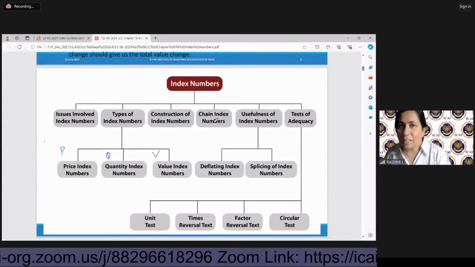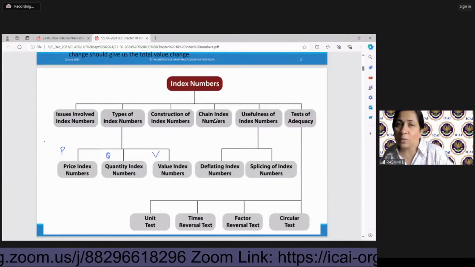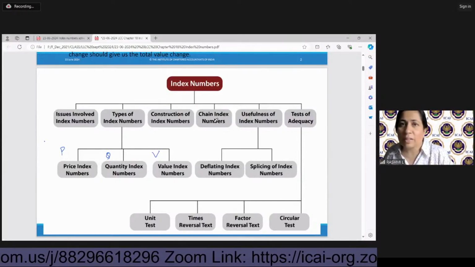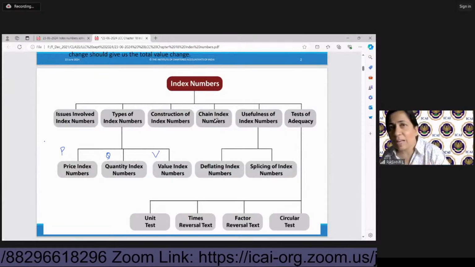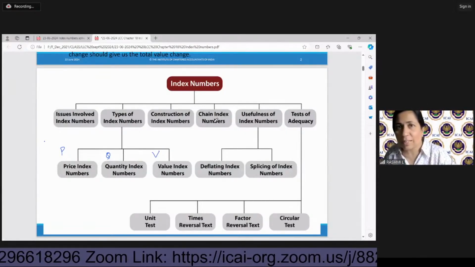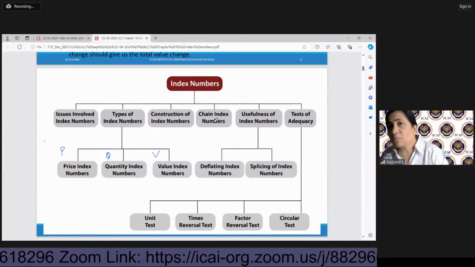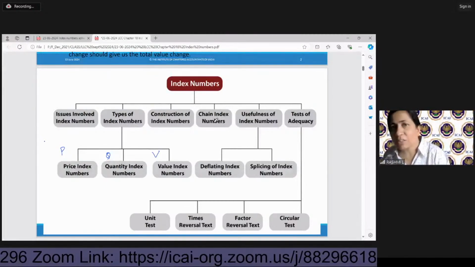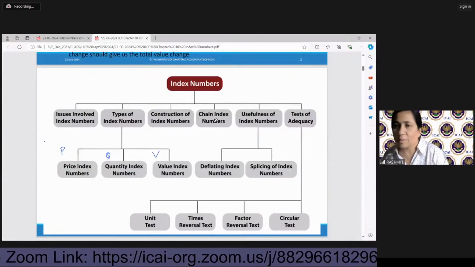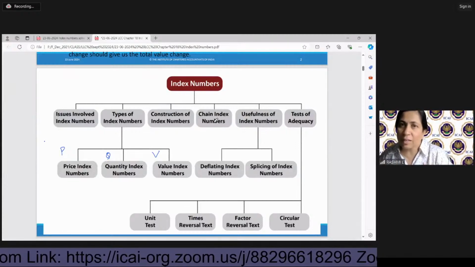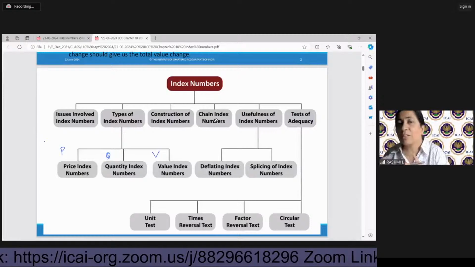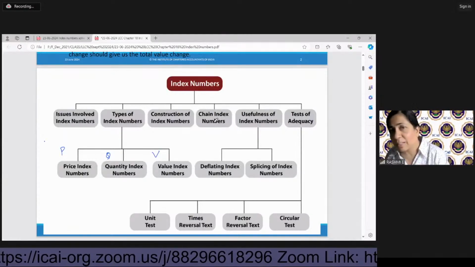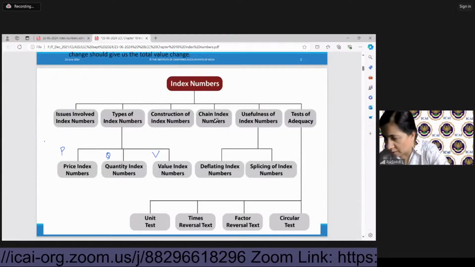If I take December 2020 as my base year, it is not going to serve the purpose, because that was a peculiar situation. So when there are dynamic changes, we move to the chain index number, wherein you take the earlier year index, then take the current values, and then take the index forward.